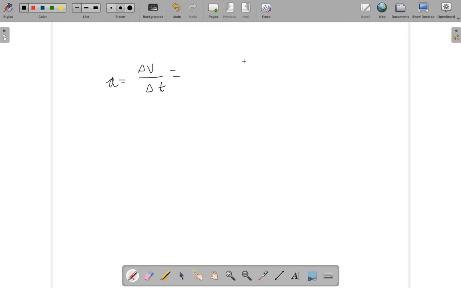And change in velocity is just the final velocity, which I'll be calling v, that's what we normally use to show final velocity, v or vf, minus our initial velocity, which is u, over the change in time.